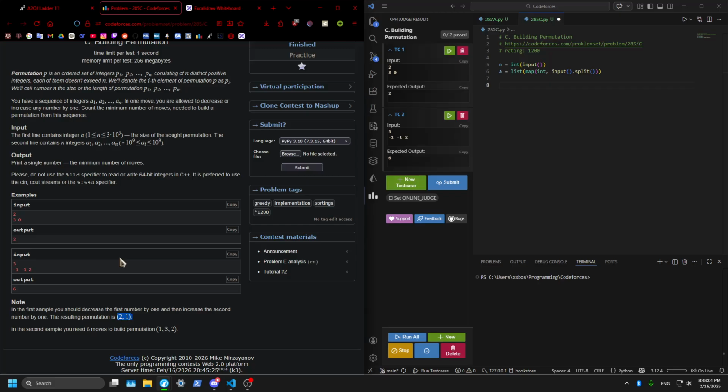What are we trying to do? A permutation P is an ordered set of integers P1 to Pn, consisting of n positive integers, each of them doesn't exceed n. We'll denote the ith element of the permutation P as Pi.